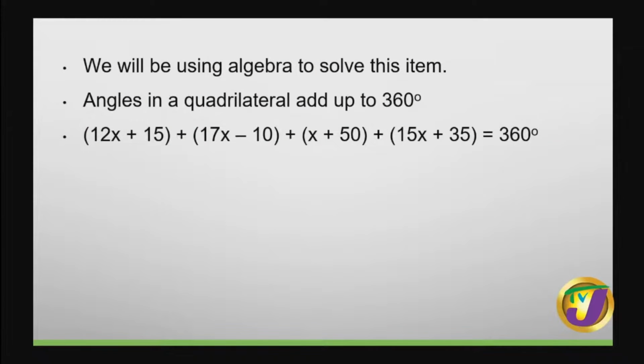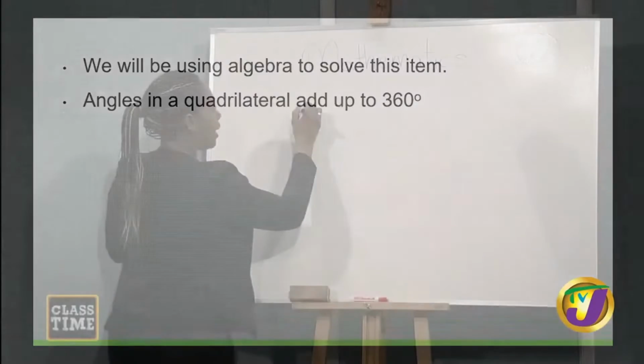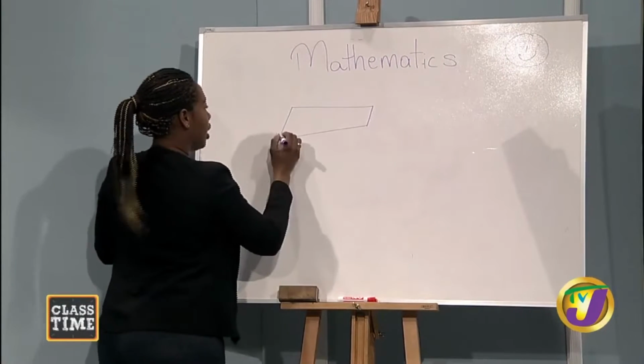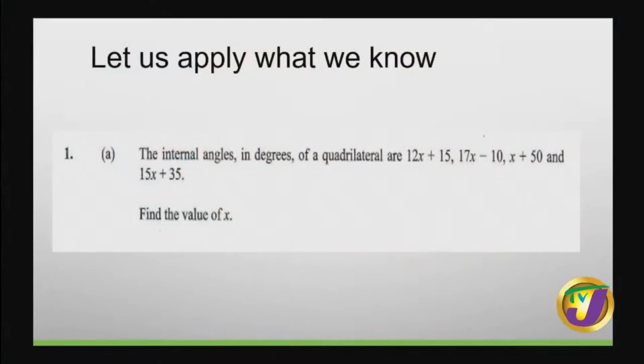So I need to be careful how I draw my quadrilateral. So I'm just going to draw it so that all the angles look all right, great. So I'm going to have 12x plus 15. I'm just trying for you to understand what the question is saying and how algebra can be used to solve various questions.